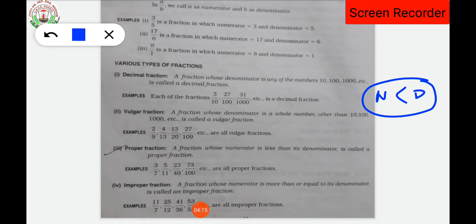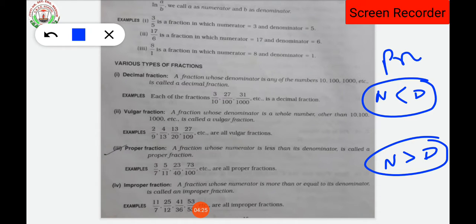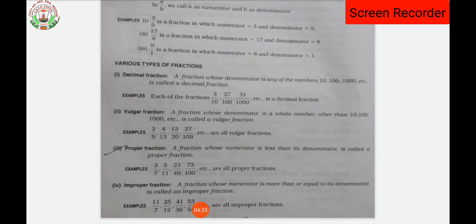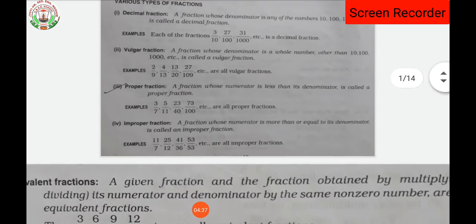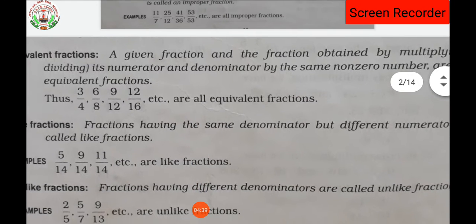And just the opposite happens in the improper fraction, where the numerator is always more than the denominator. Clear? This is a proper fraction, where the numerator is always less than the denominator. This one is an improper fraction, where the numerator is always greater than the denominator. You have already studied this, so no need to explain more about it, isn't it?